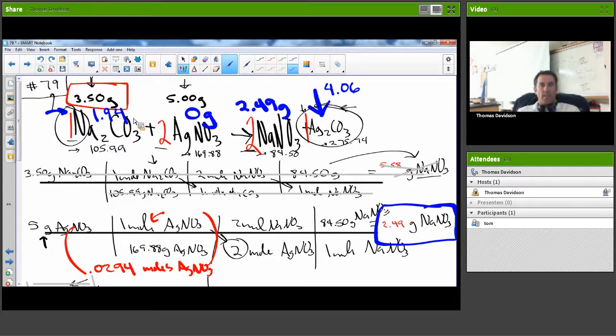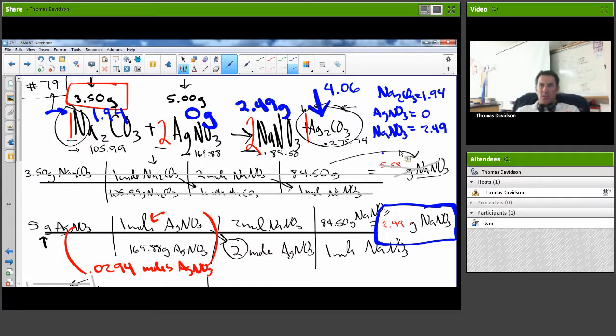Oh my heavens, sorry. So my mass of Na2CO3 is equal to 1.94. AgNO3 is equal to 0. NaNO3 is equal to 2.49.